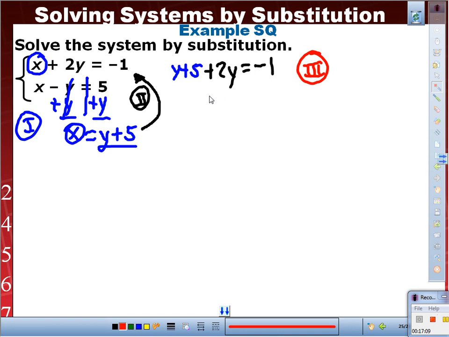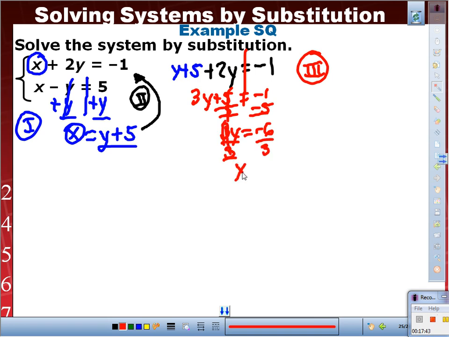Yeah, so what do I do here? 3y plus 5 equals, continue, -6, and lastly, y equals. Hands if you got that. That is correct. Let's go to step number 4.